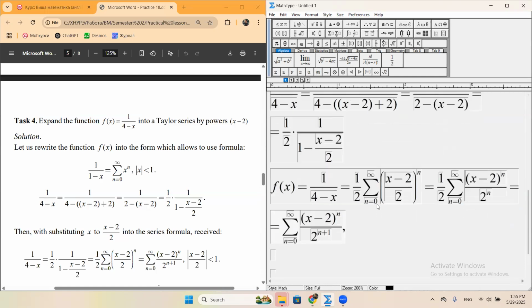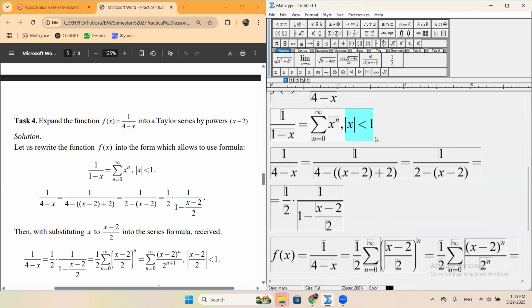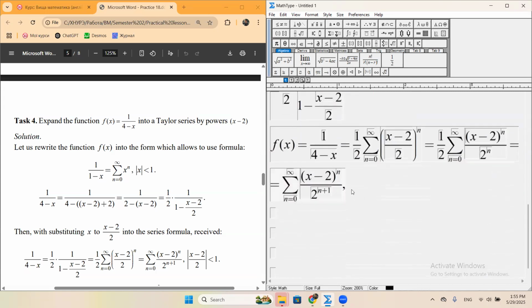And by the way, in this case, module of x is less than 1, but in this case, module of this expression must be less than 1.